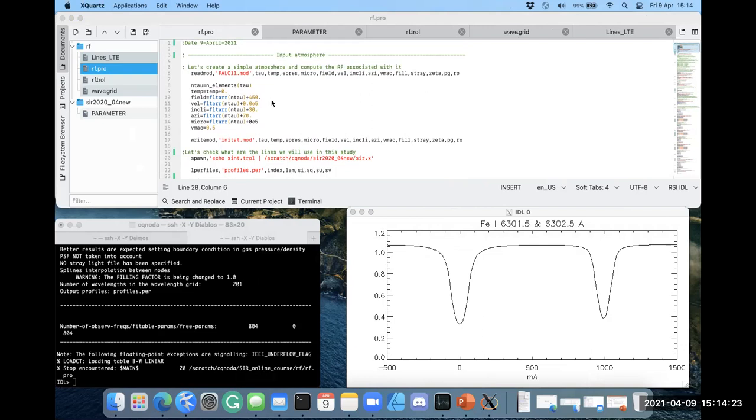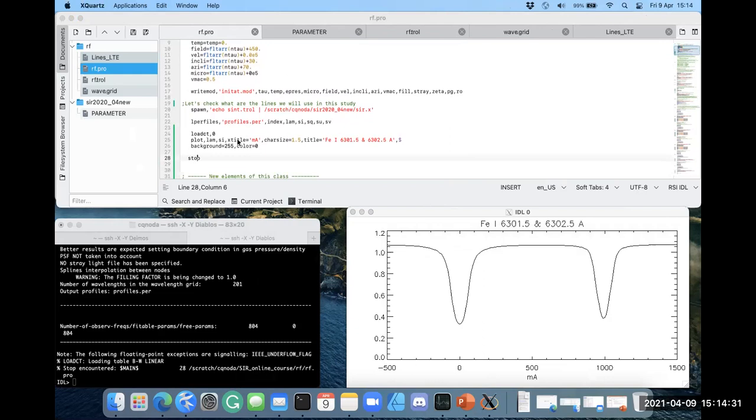So you need two ingredients before starting. You need an atmosphere that you are going to use as a reference, and is the one that you are perturbing. And you also need a spectral range where you want to study the response functions. So in this case, we have this spectral range that is the same as last week, where we have two iron lines, and we also have continuum.